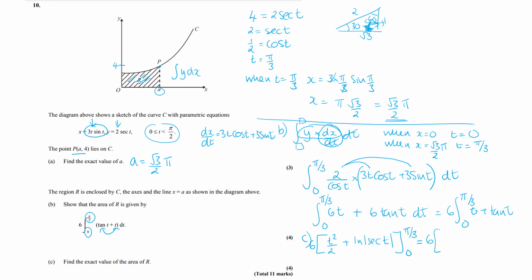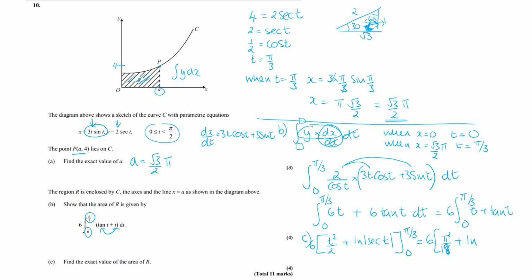Pi by 3 squared will be pi squared over 9. Now when we divide by 2, that's the same as times it by a half, so it will actually be pi squared over 18 plus the ln of sec pi by 3. So sec pi by 3 is 1 over cos pi by 3.